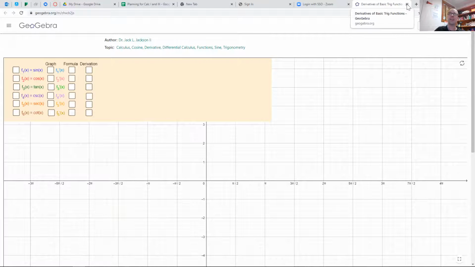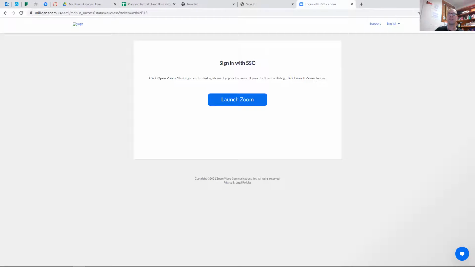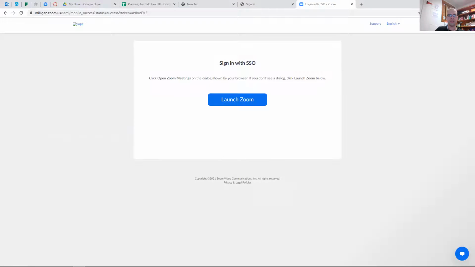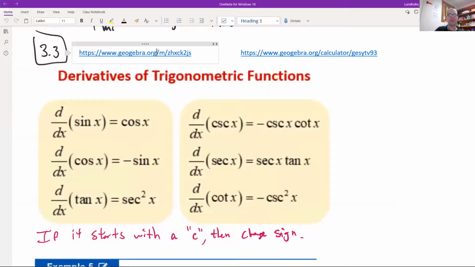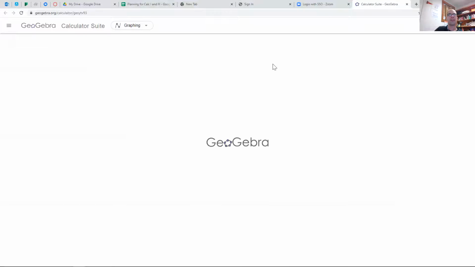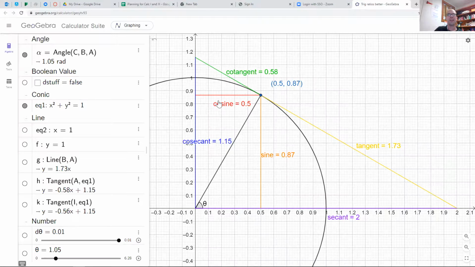The other one, we looked at the derivative of sine in a geometric sense in that video that we watched on Thursday. But here's another thing that I actually did make.